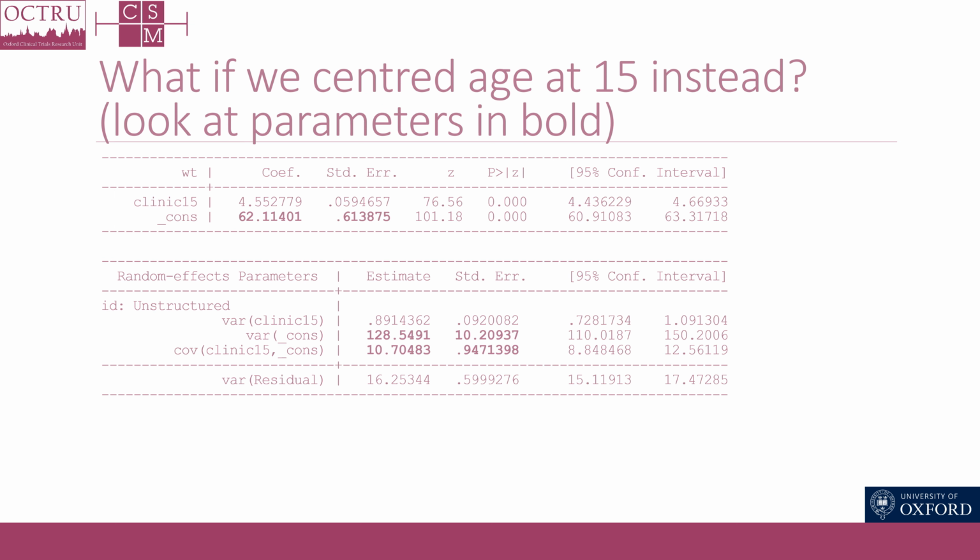What if we center time at a different point, say age 15? This model hasn't changed, but we can see that the intercept estimate has changed and the random part of the model has changed. This is because this parameter, the intercept, now represents a different quantity, and this is the average weight at 15, which is much larger.